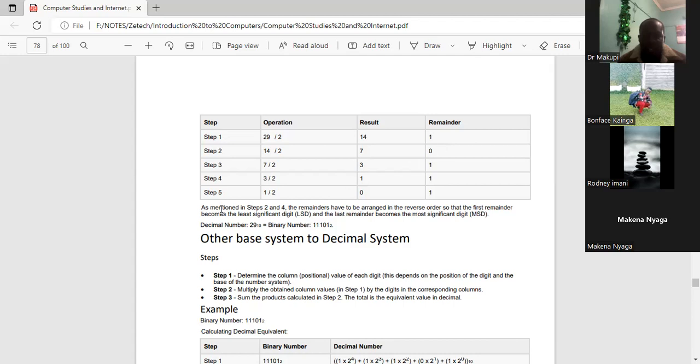You can see, as mentioned in step 2 and step 4, the remainders have to be arranged in reverse order so that the first remainder becomes the least significant digit and the last remainder becomes the most significant digit. So you arrange going upwards so that you write your result as 11101 with a binary subscript 2 below it.